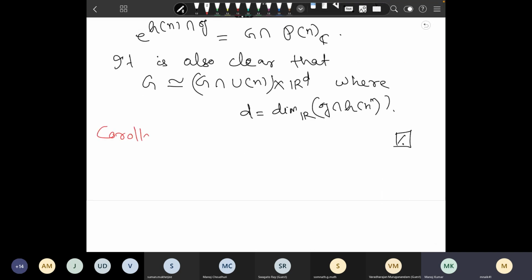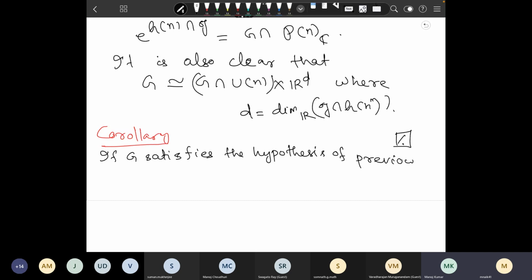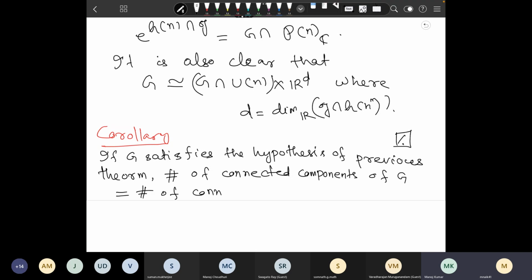Corollary, one corollary I want to add: if G satisfies the hypothesis of the previous theorem, then the number of connected components of G is equal to the number of connected components of G intersection U_n.